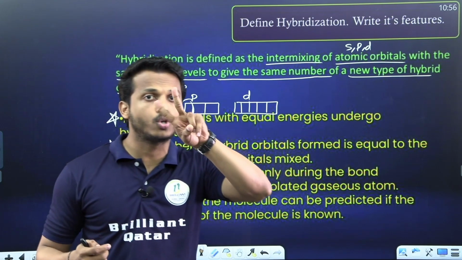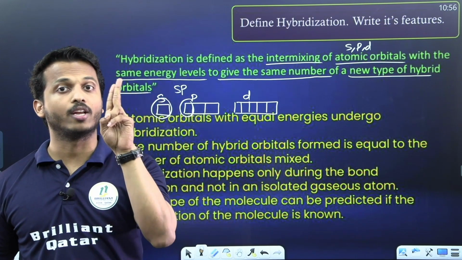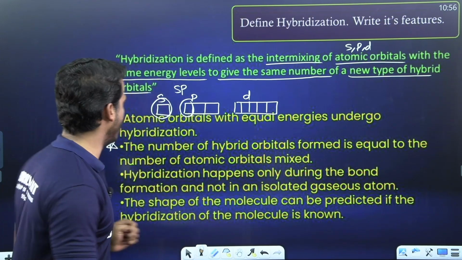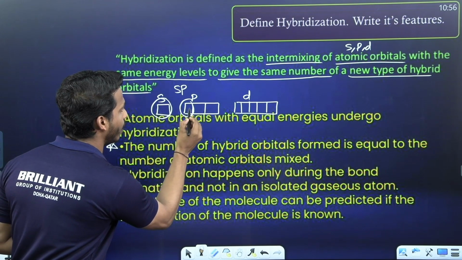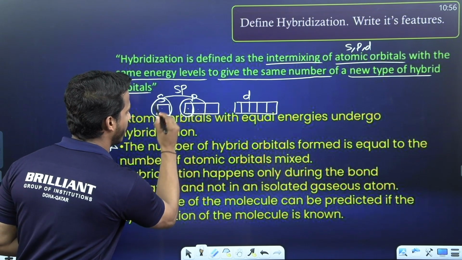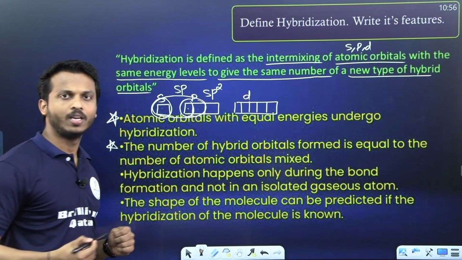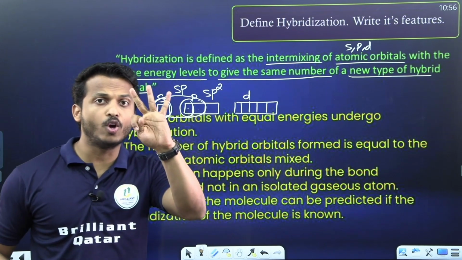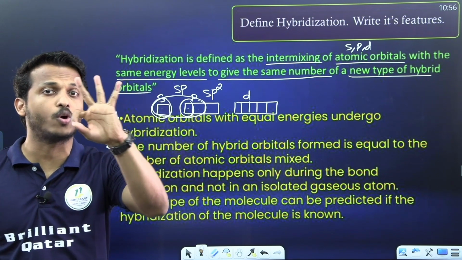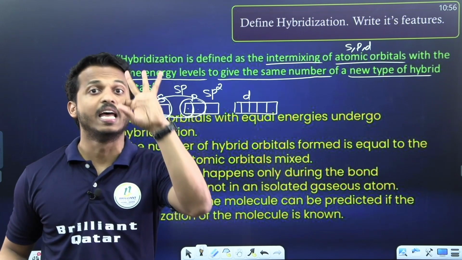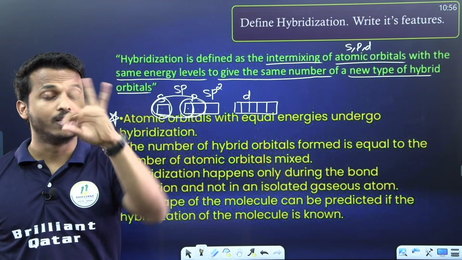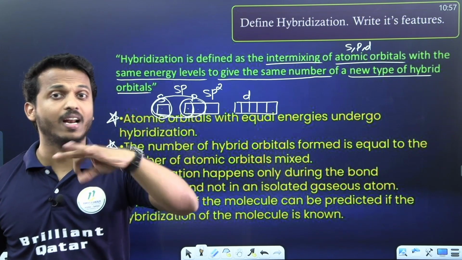So if you mix 2 atomic orbitals, you will get 2 hybrid orbitals. Similarly, if you mix one s orbital with 2 p orbitals, the hybridization is sp2. How many atomic orbitals did you mix? 3. Therefore 3 hybrid orbitals can form.